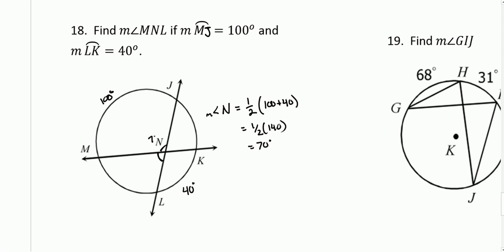Okay, so we got 70 degrees here, and the angle we're after is supplementary to 70, and so this is definitely not drawn to scale, but that's okay. So we're going to have 110 degrees. That's what we're after. So that's our answer, 110 degrees.